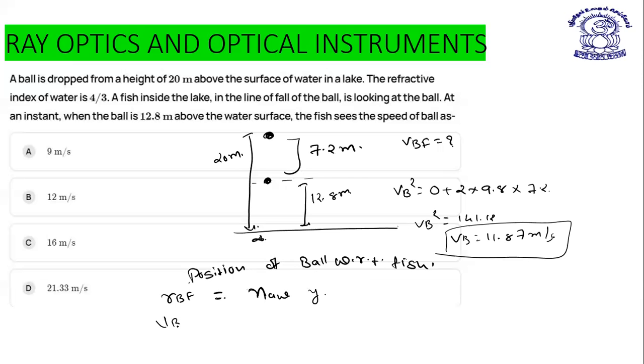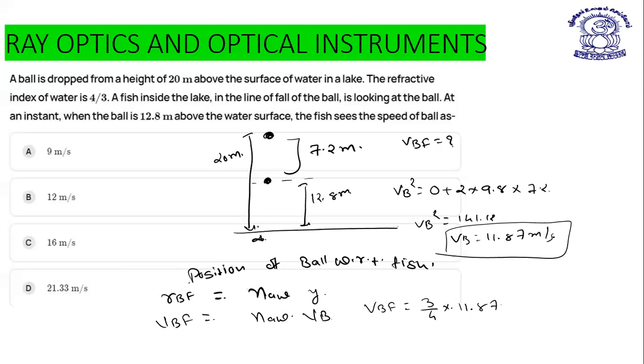So the velocity of the ball with respect to the fish, VBF, is equal to 3/4 into 11.87.